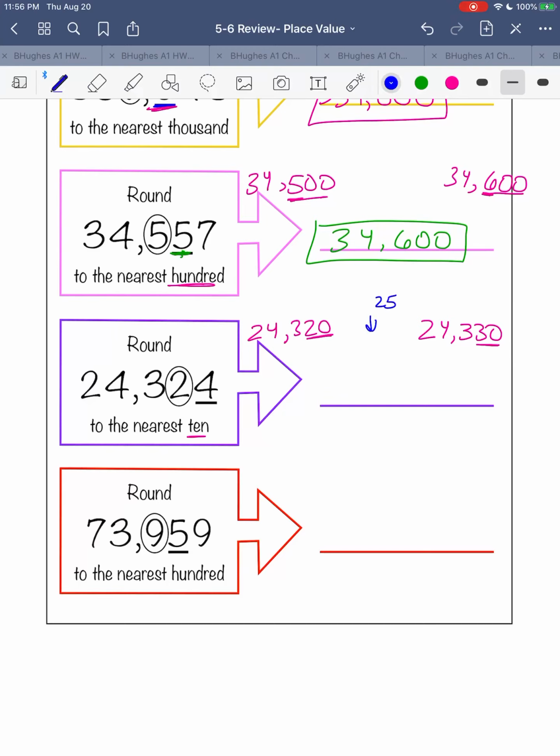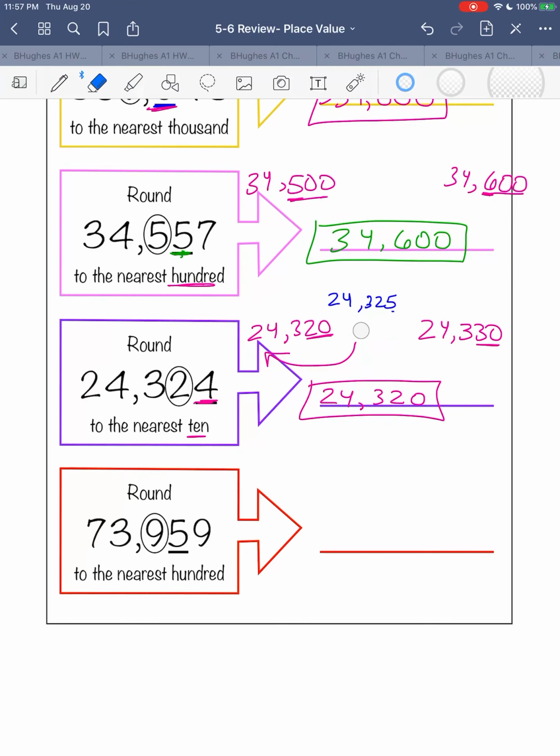Well, clearly that would be 25, so 24,325. Okay, well, the digit after is a 4. Well, 324 is going to fall just slightly before the halfway point. But if it's before it, it's still going to round down. If it's between 0 and 4, it's going to round down. So we are going to round it to 24,320.